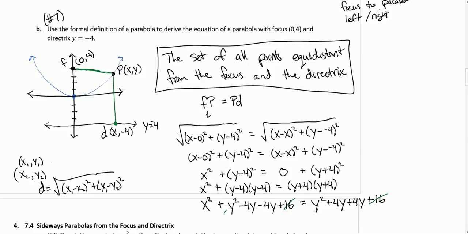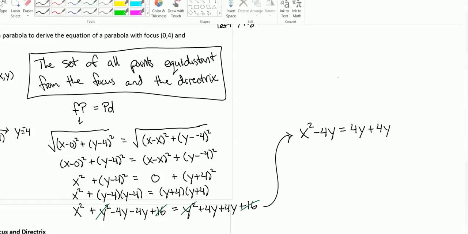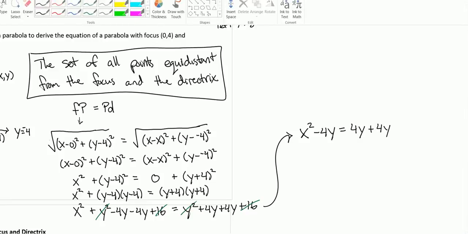We can also subtract y squared from both sides. And now we're left with x squared minus 4y is equal to 4y plus 4y. Actually, I left a minus 4y out. So let me put that in there.